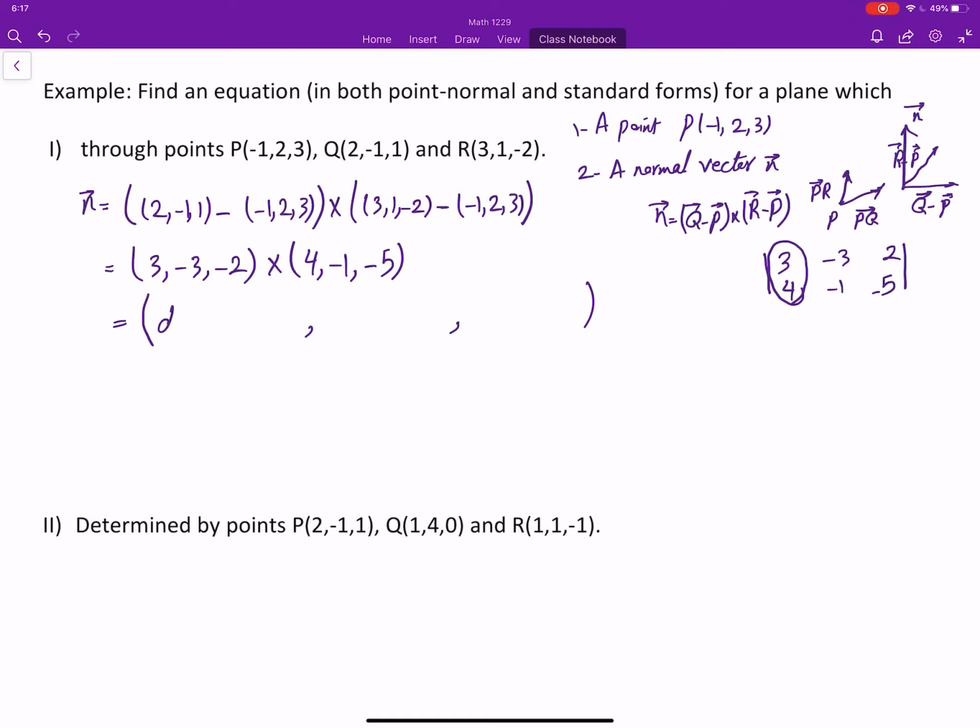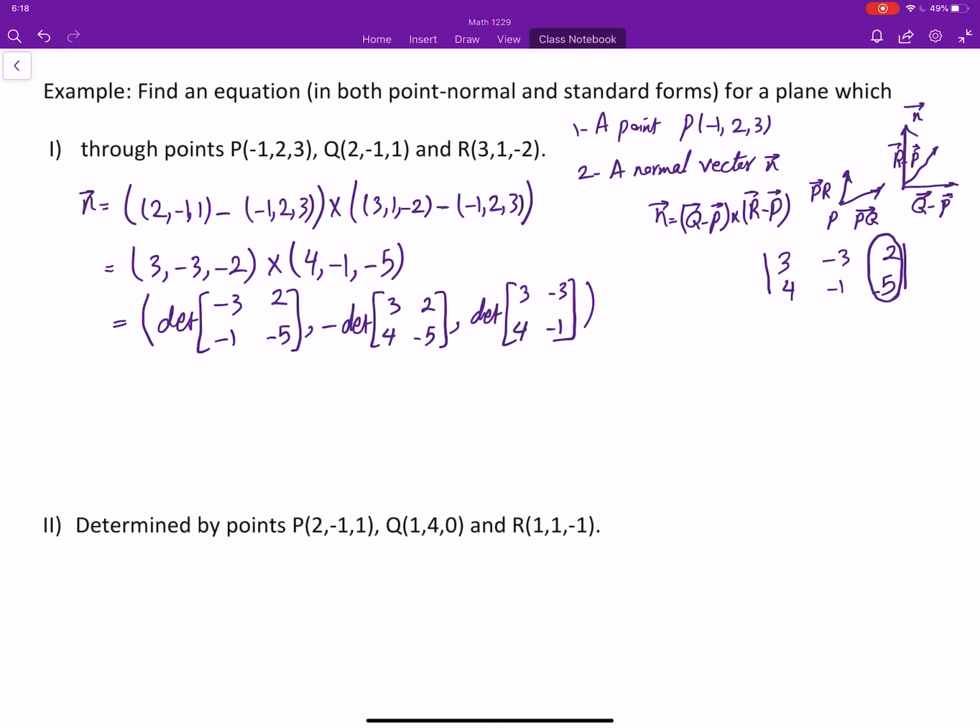So ignore the first column. It will be the determinant of negative 3, negative 2, negative 1, negative 5, minus, ignore the second column and find the determinant of the remaining, which is 3, negative 2, 4, negative 5. And then ignore the last column and find the determinant of 3, negative 3, 4, and negative 1.